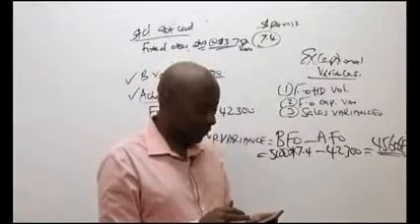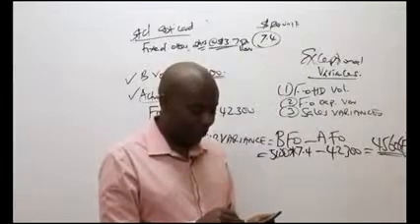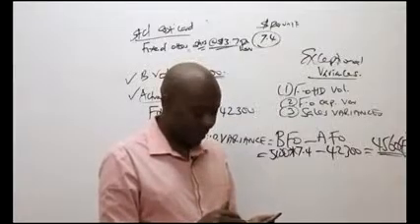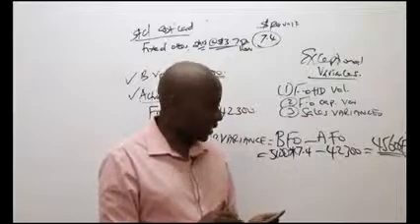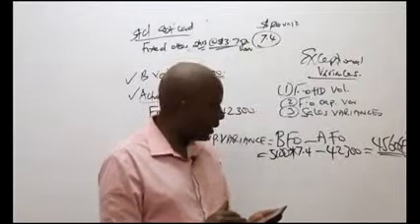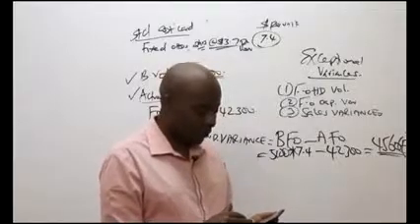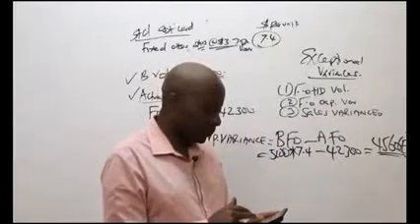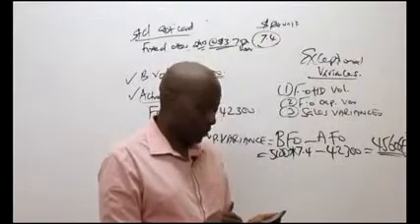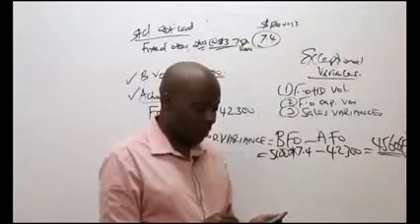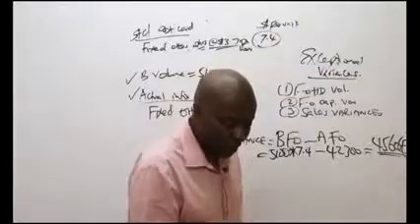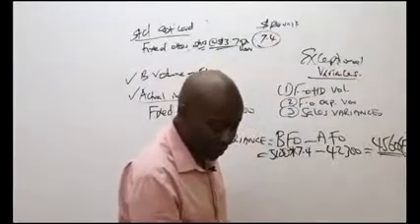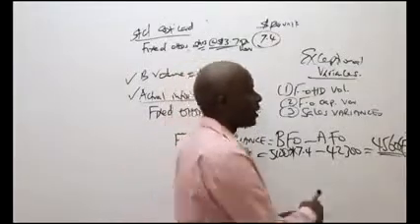So we have here 5,100 times 7.4 minus 42,300, which will end up giving us minus 4560. So minus 4560 is supposed to be adverse.